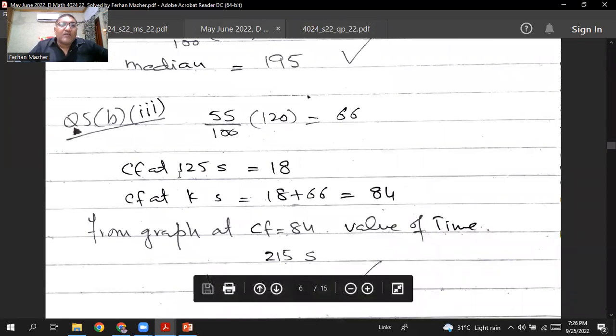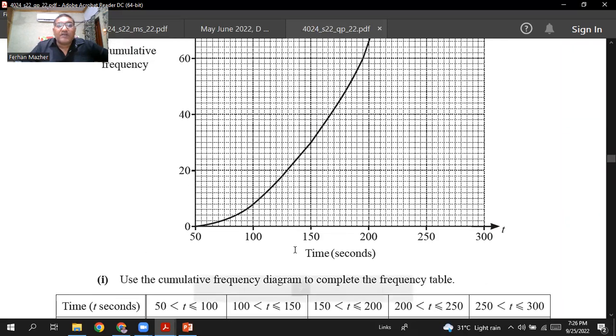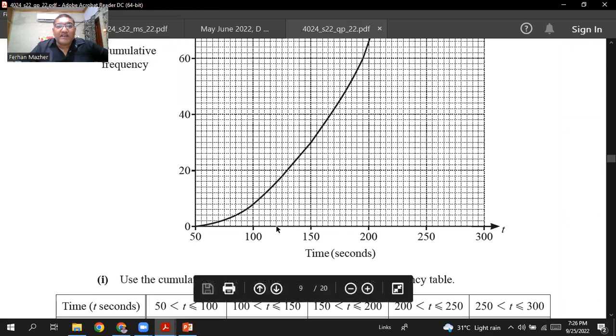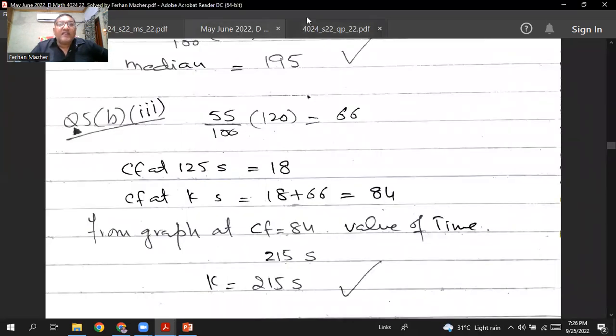I will first check what is the cumulative frequency at 125. That is here, 1, 2, 3, 4, 5. This value will be 18, I think. 18, and then add 66 to it, and that's 84.